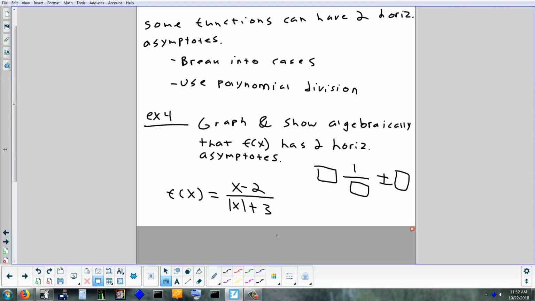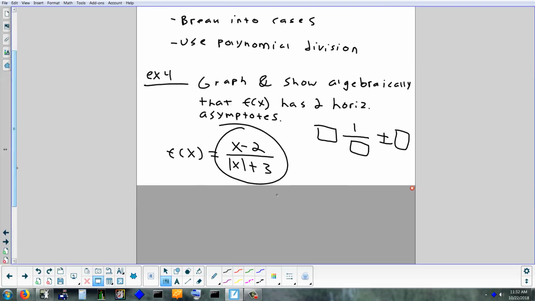Depending on what you put in the bottom, that can change your horizontal stretch and your shifting left and right. Depending on what you put at the end, that can control your shifting up and down. This is not written like that. We should have a 1 over and then go from there. All right, so the only way to fix this is to use division.